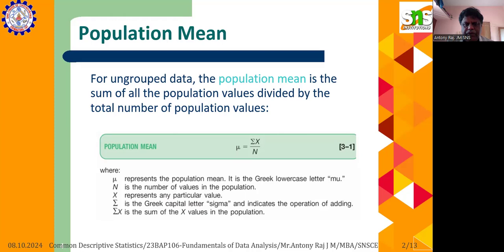N is the number of data points in the population, and x represents a particular value. Sigma is also a Greek letter, and indicates the operation of adding. Sigma x is the sum of the x values in the population, and when you do this, we get the population mean.